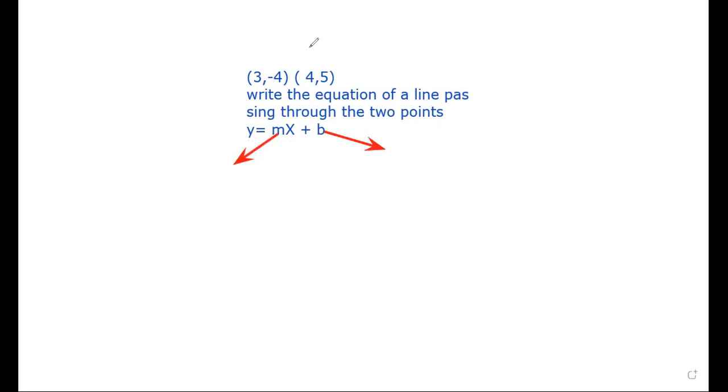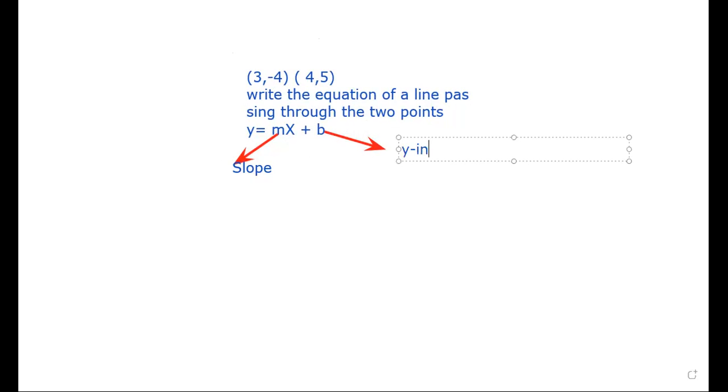First, m represents the slope. And what is b denoted for? The y-intercept, exactly.